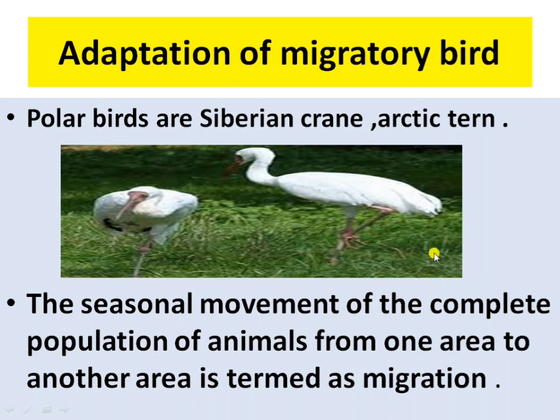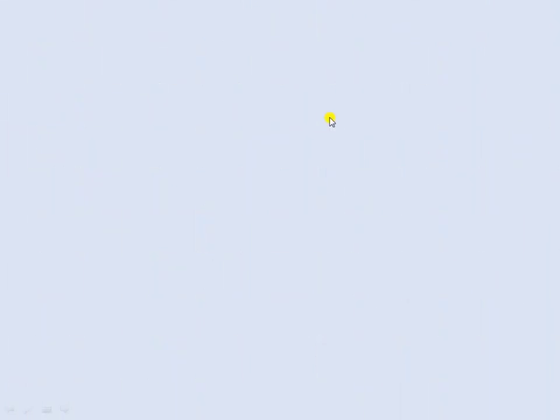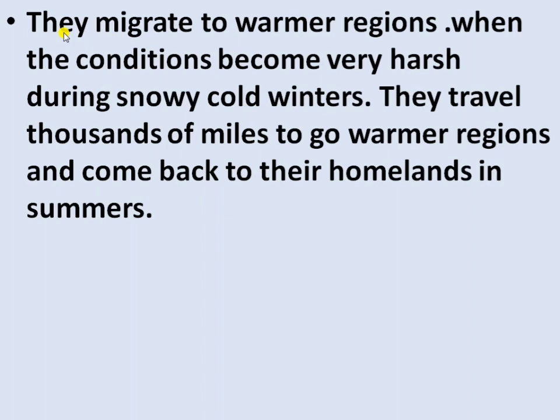Many birds living in cold regions like the Arctic terns and the Siberian cranes migrate to the warmer region when the conditions become very harsh during the snowy cold winters.